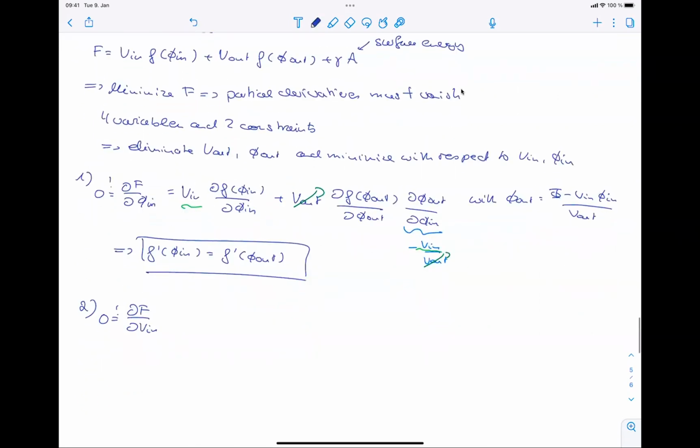So we get from the first term dV_out/dV_in times f of phi_out plus V_out df of phi_out.